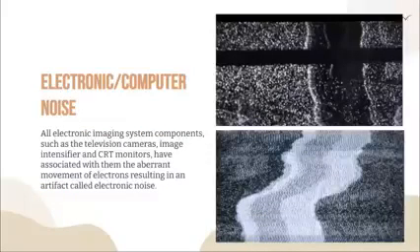All electronic imaging system components such as television cameras, image intensifiers, and CRT monitors have associated with them the aberrant movement of electrons resulting in an artifact called electronic noise. You can remember those cathode ray tube TVs in the past with the big back; you had to hit them in order to remove the electronic noise.